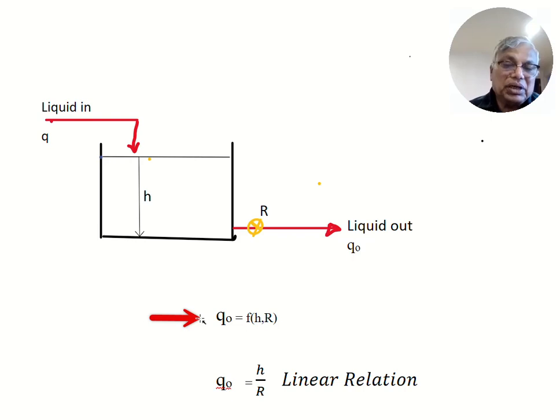There can be different types of relationships depending on what type of outlet you have and what type of flow it is. For a simple case, we use a linear relation: Q naught is H by R. That is, the outflow is directly proportional to the liquid height.